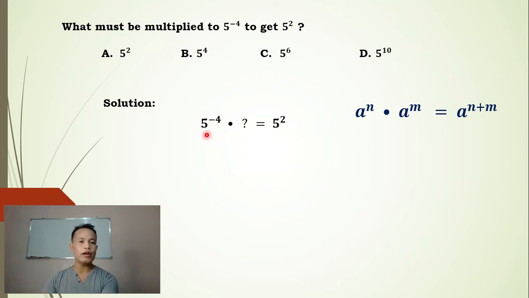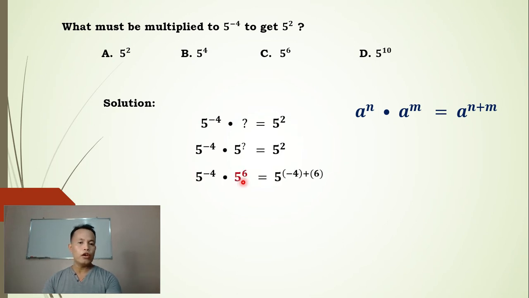Since we have base 5 here, the number to be multiplied should also be on base 5. So our problem is what must be the exponent so that we can have 5 raised to 2. If we multiply 5 raised to negative 4 times 5 raised to blank, what must be this number so that when we add it to negative 4, we will have positive 2?